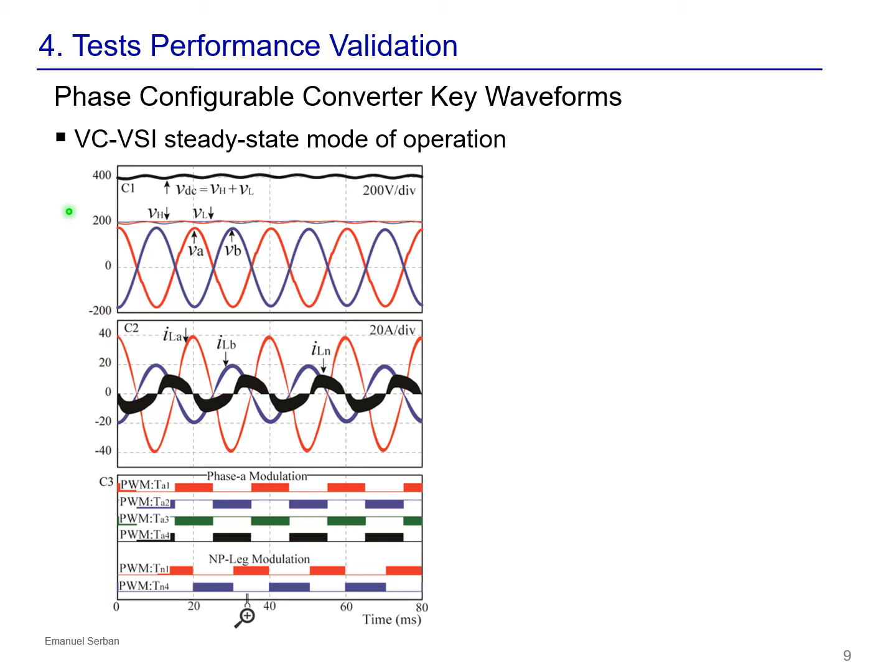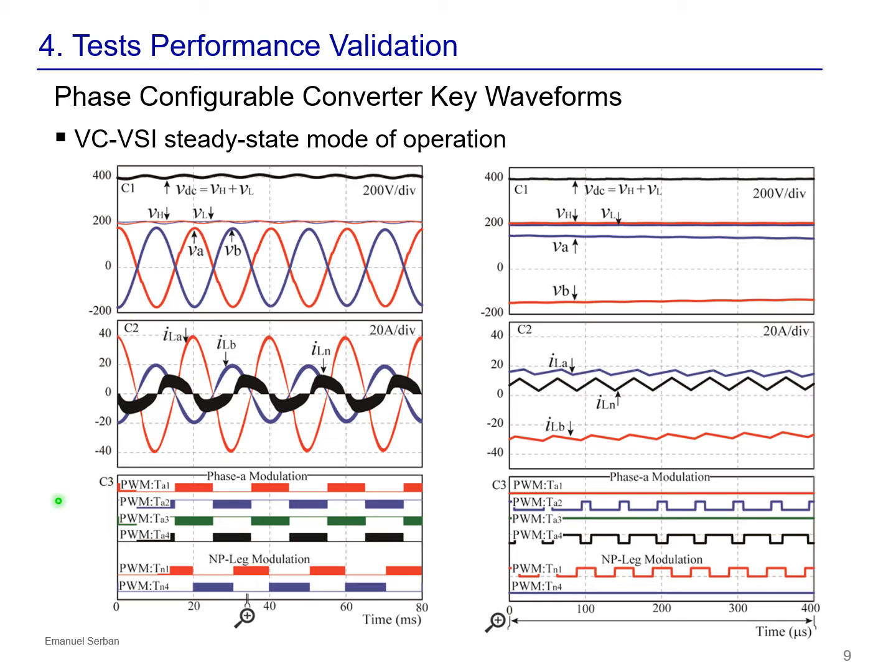The top waveform shows the DC link voltage, which is the summation of the VH and VLOW across the DC link capacitor. Then we have the voltages VA and VB regulated by the converter with 180 degrees out of phase, and the third channel shows the converter currents, and lastly we have the PWM signals.